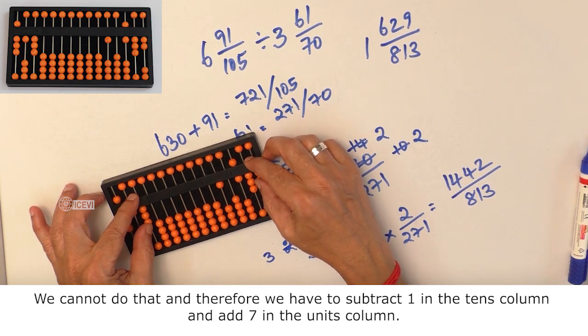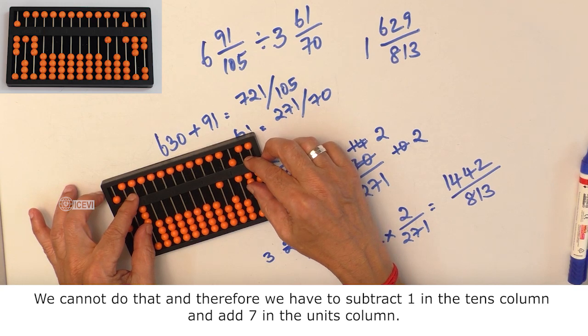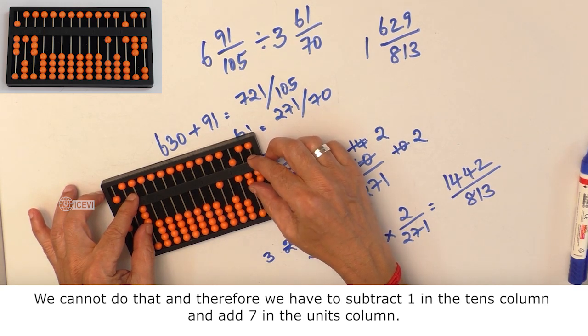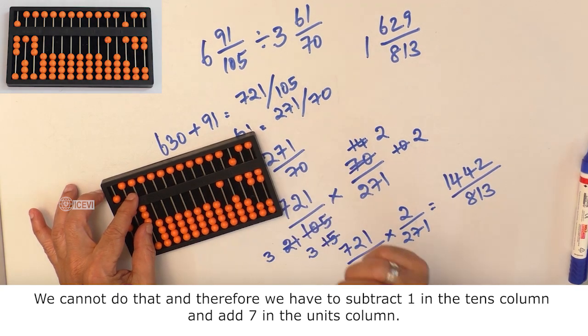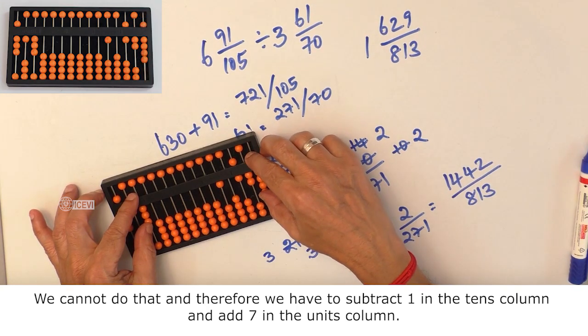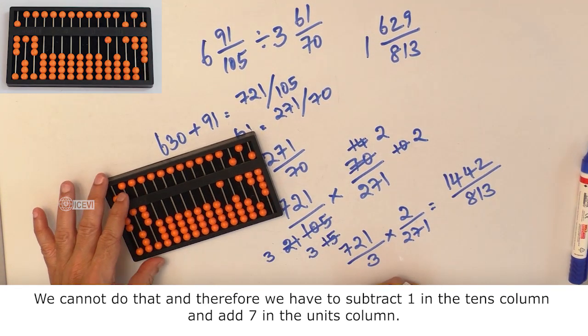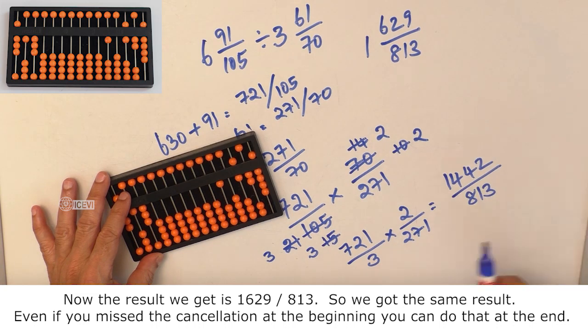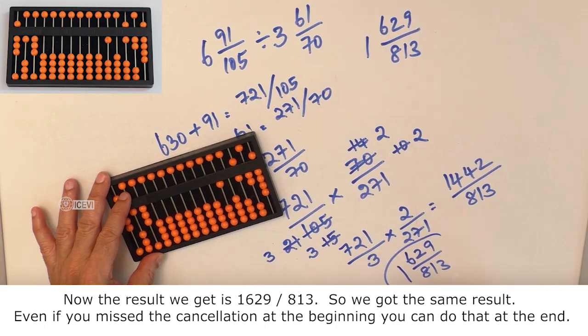We cannot do that, and therefore we have to subtract 1 in the tens column and add 7 in the units column. Now the result we get is 1629 divided by 813.